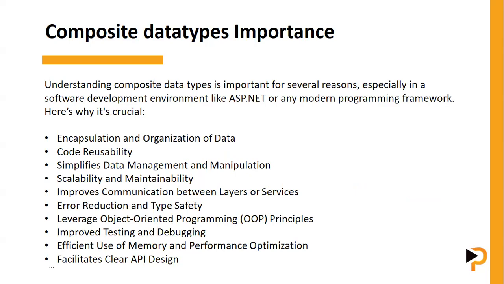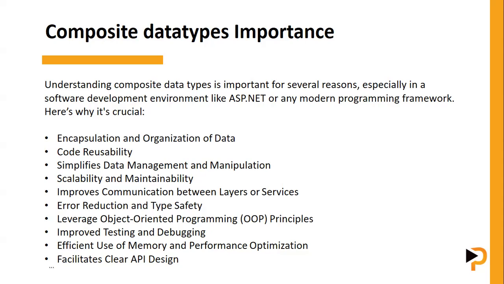Because encapsulation and organization of data is really important in every development, and that happens because of composite data types. Then code reusability, simplified data management and manipulation, scalability and maintainability, improved communication between layers or services, error reduction and type safety, and leveraging object-oriented programming principles.